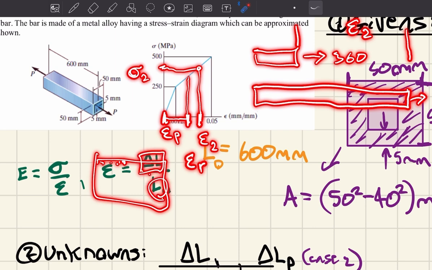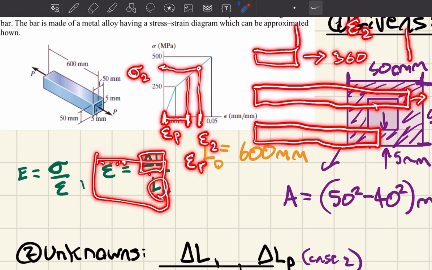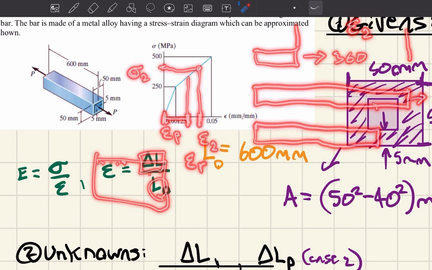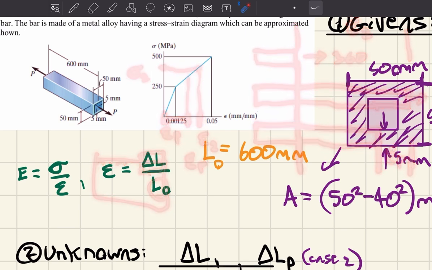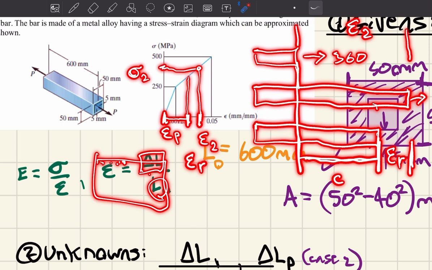But anyway, let's go back to this diagram. What happens when I let go of this force? Well, it kind of comes to about over here, right? And what did we say? We said this is our elastic strain, and this is our permanent strain or our permanent deformation. So if I was to come up with an equation for epsilon 2, it would basically be that epsilon 2 is equal to the permanent strain plus the elastic strain or the recovery strain, right?